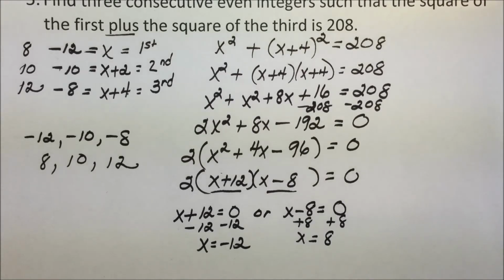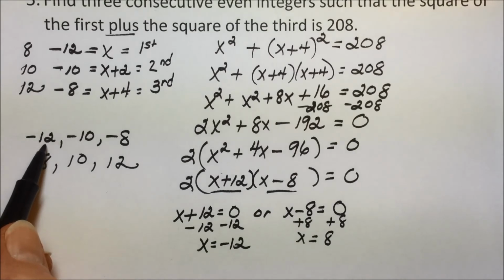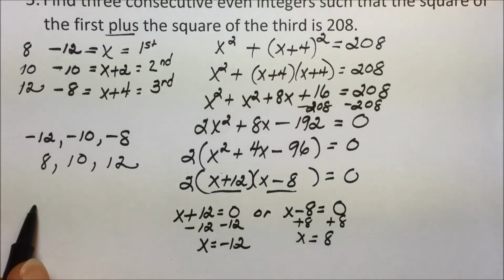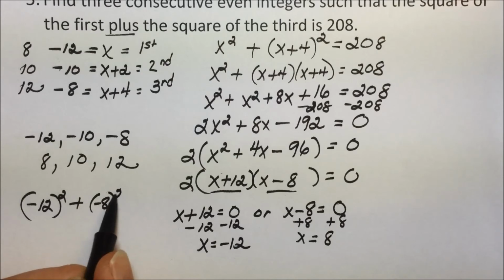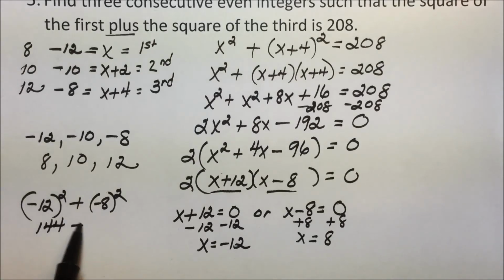And just to verify this, they're telling us that the square of the first plus the square of the third is equal to 208. If you square negative 12, it turns into a positive 144, plus the negative 8 squared would be a positive 64, which when you add those together is equal to 208.